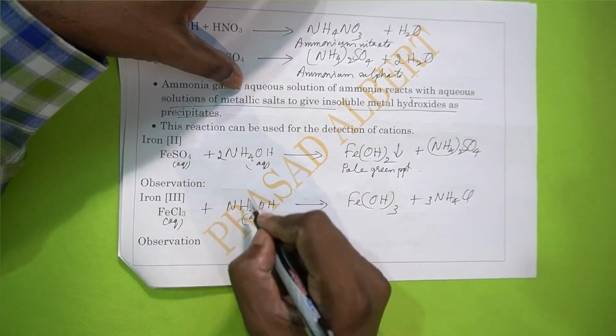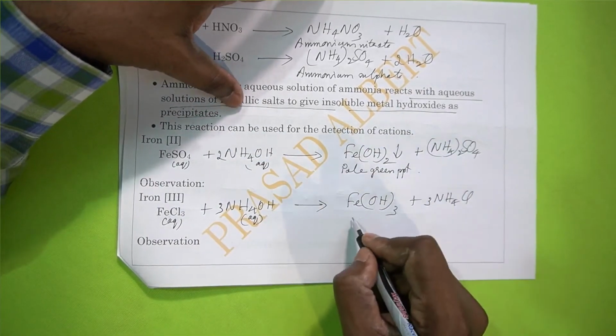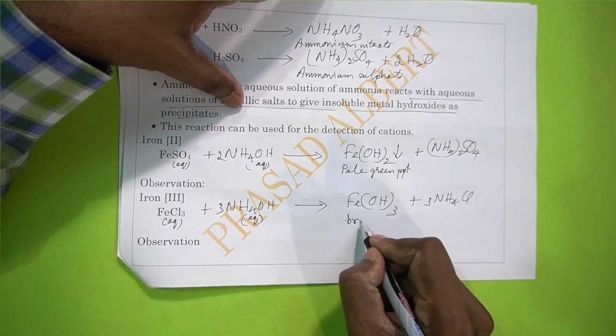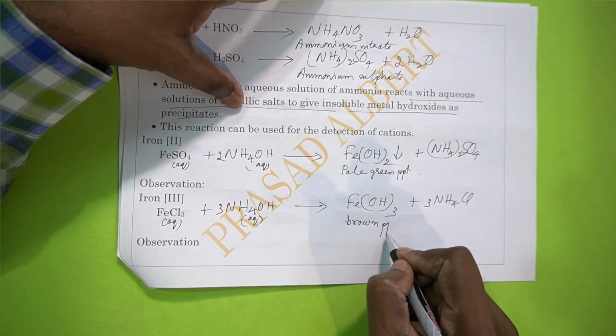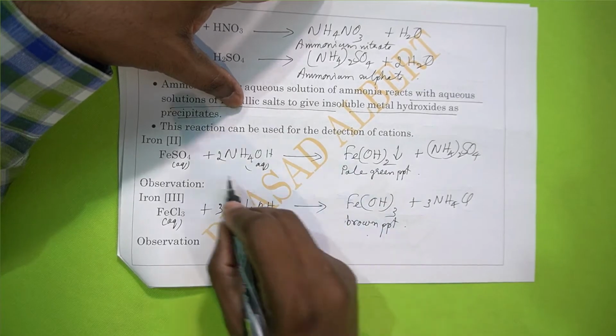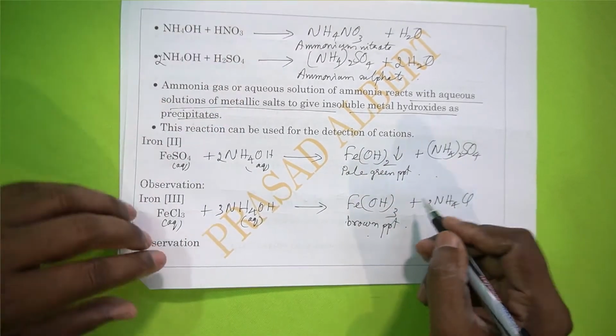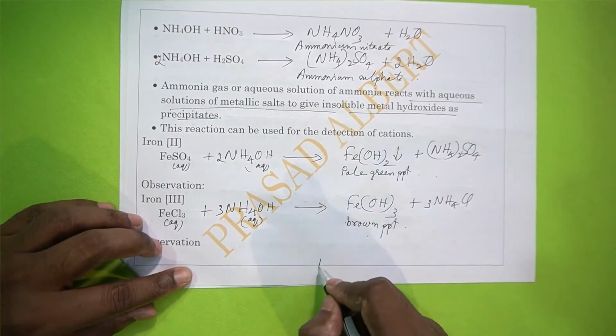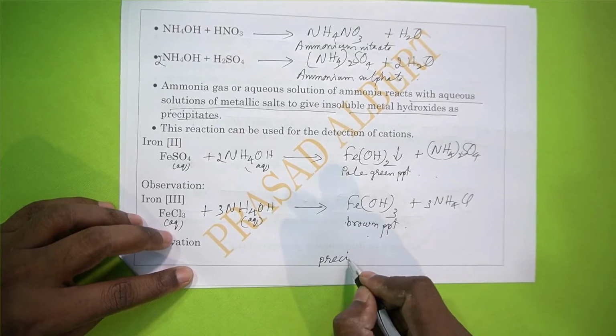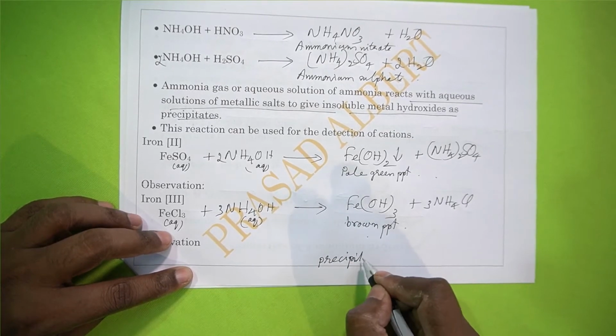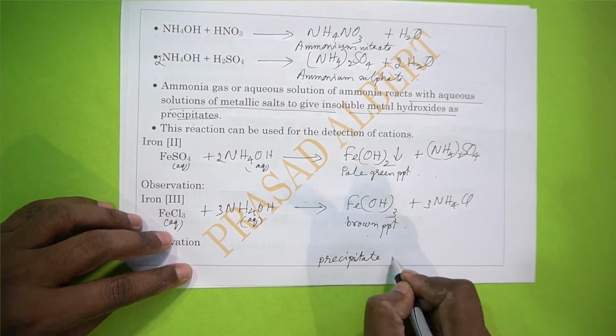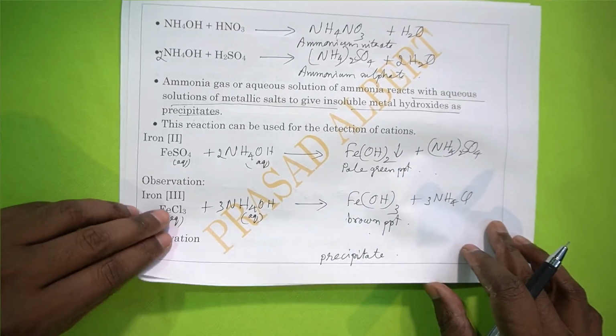Here it has to be 3 NH4OH. So this is a brown PPT. This is the observation: brown PPT. In the previous case the observation is pale green precipitate. PPT means precipitate. An insoluble substance that settles down at the bottom of a solution is called a precipitate or PPT.